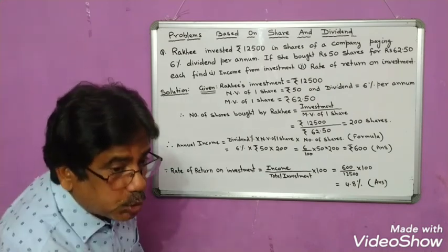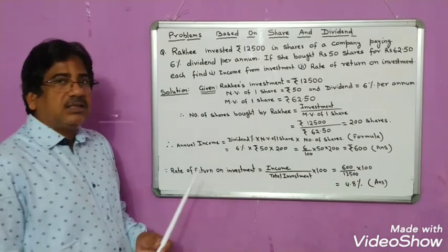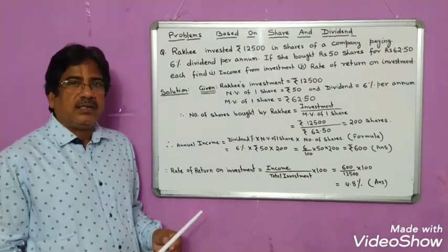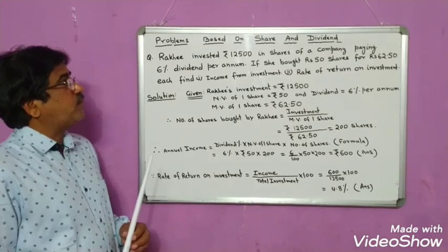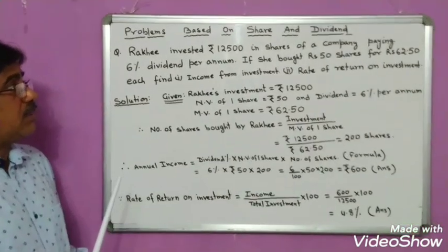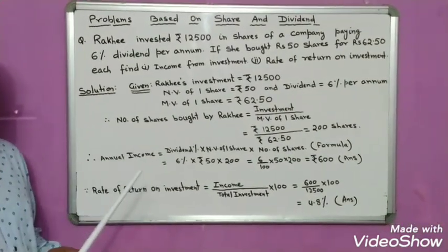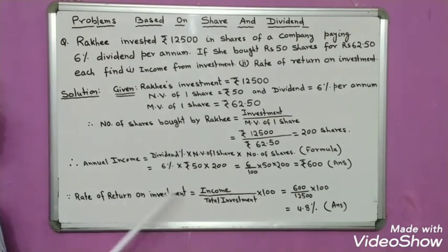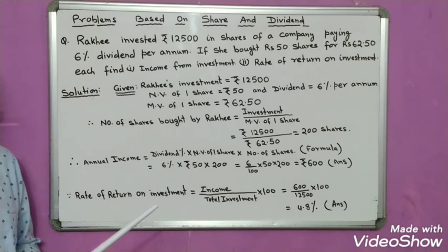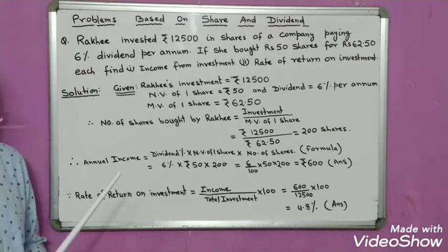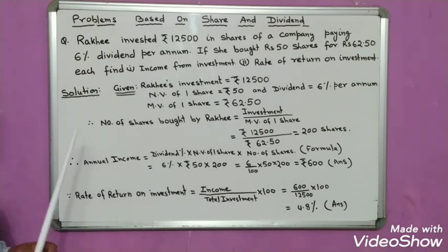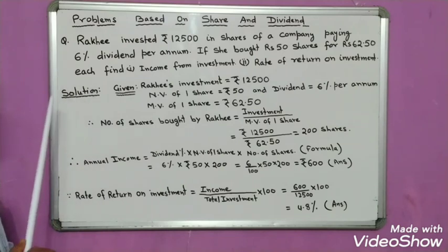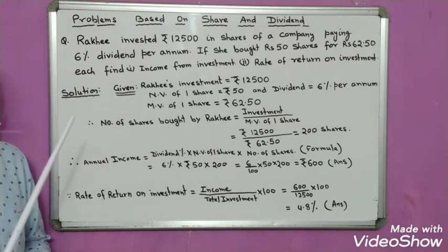Now if you see the question, you'll find that the total investment of Rakhi is rupees 12,500 and the nominal value of the share is 50 rupees, which Rakhi purchased from the market by paying rupees 62.50 for each share. Here the dividend declared by the company is also mentioned, that is 6%.